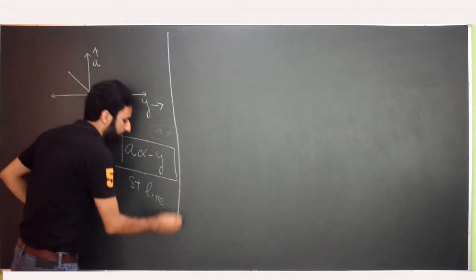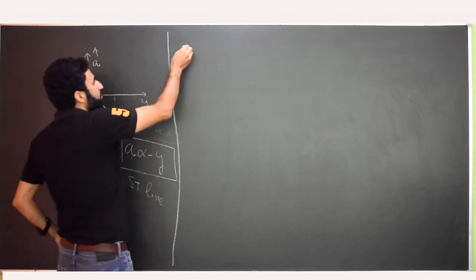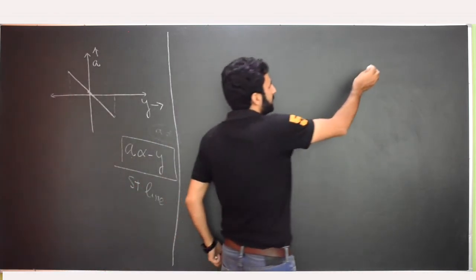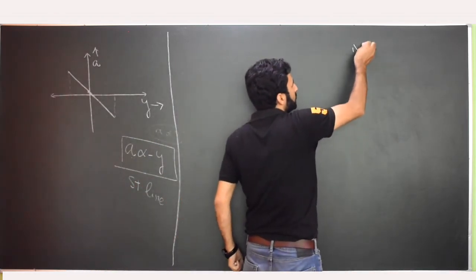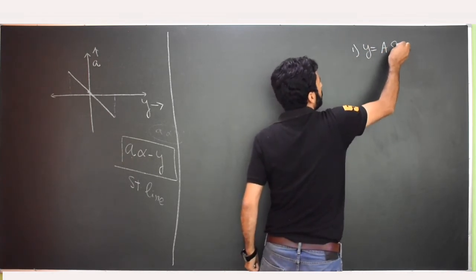Okay, now we have got the expressions, let me write them here. We got expression for displacement, y is equal to A sine of omega t.